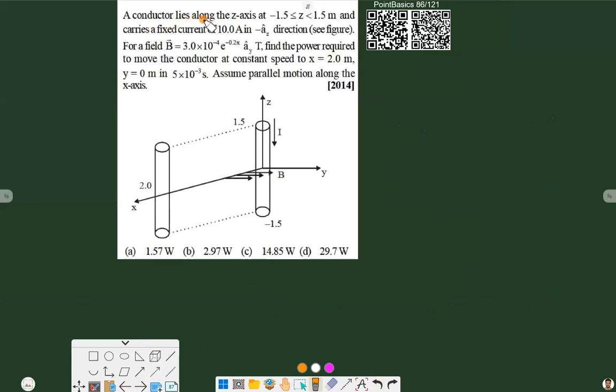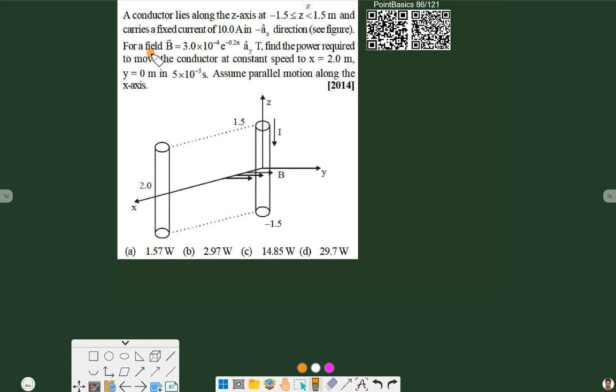a conductor lies along the z axis from minus 1.5 meter to z equal to 1.5 meter and carries a fixed current of 10 ampere in the negative z direction. So the current is in the downward direction, and these are the limits of the length of the conductor.